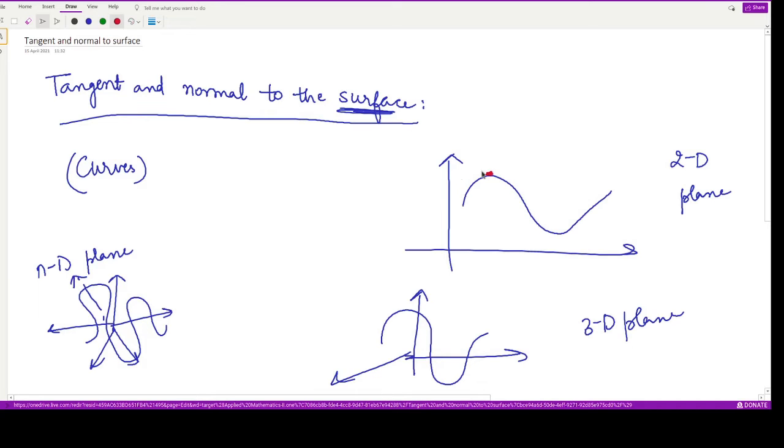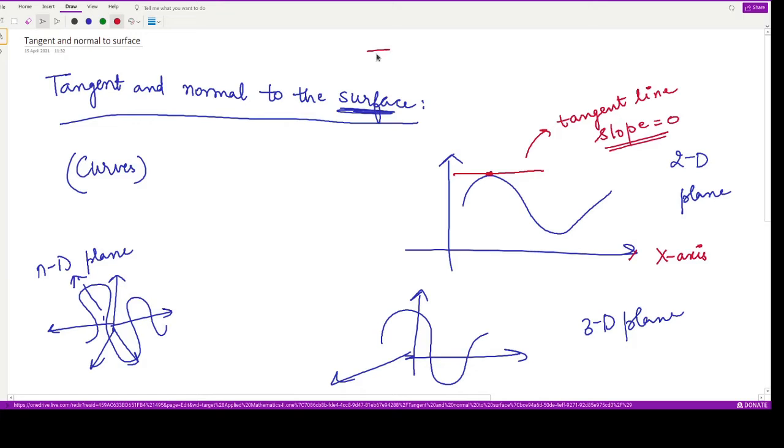So when you draw this line here, it would be a straight line parallel to your x-axis. That means this tangent line is parallel to the x-axis, and we say it has slope 0.